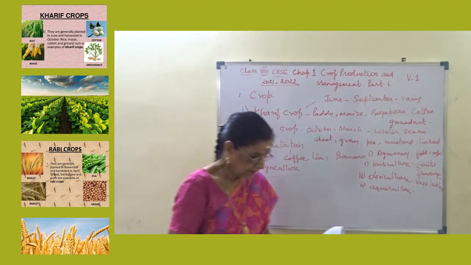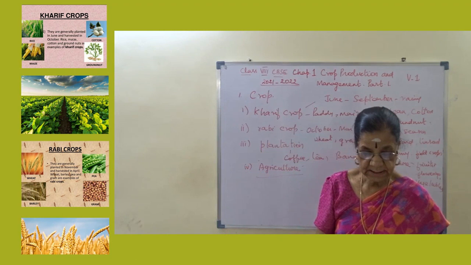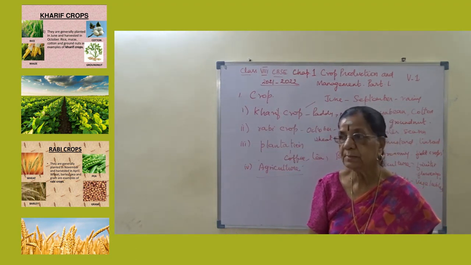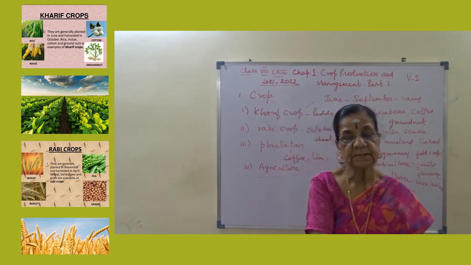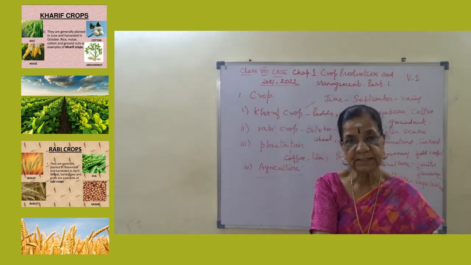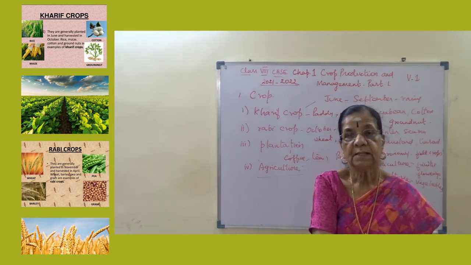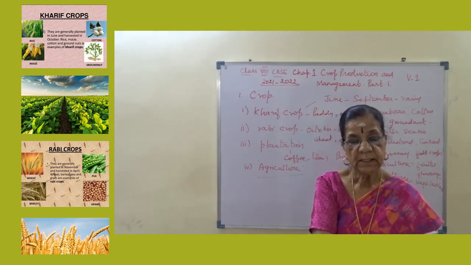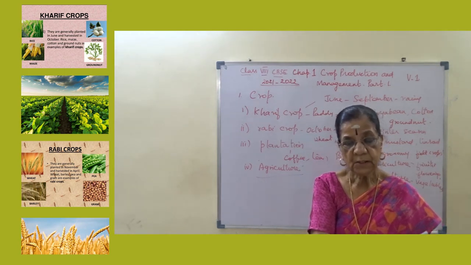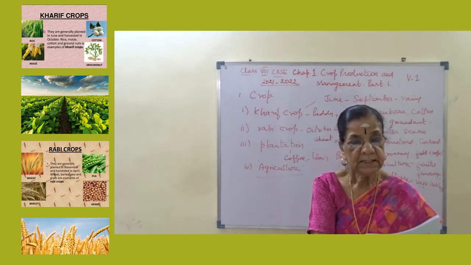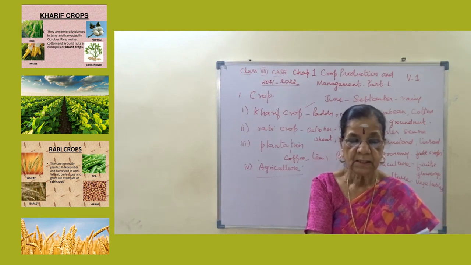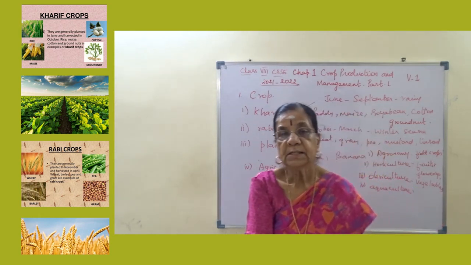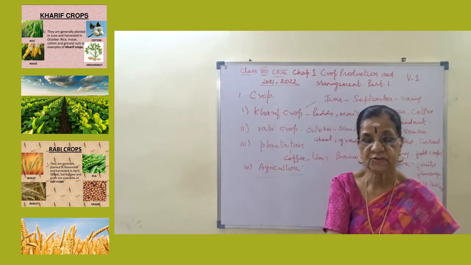Then as I said, types of crops: kharif crops, rabi crop and plantation crop. Under that we have seeds, with the cereals, pulses, oil seed and nuts or dry fruit. The cereals include crops such as wheat, rice, maize, barley and sorghum, and they are the rich source of carbohydrates.